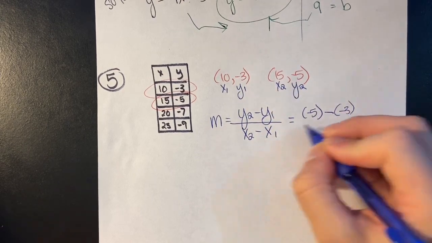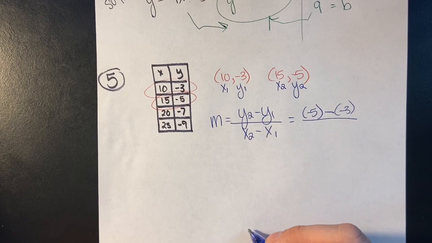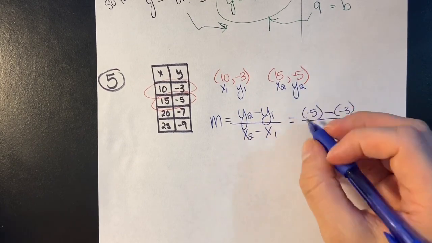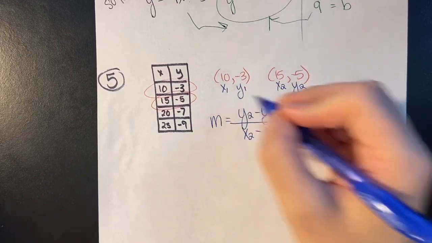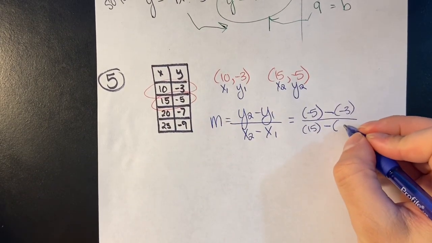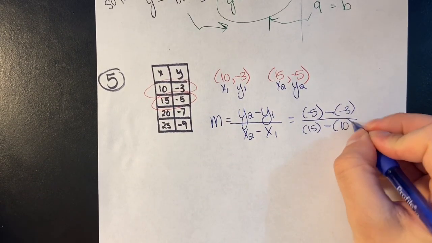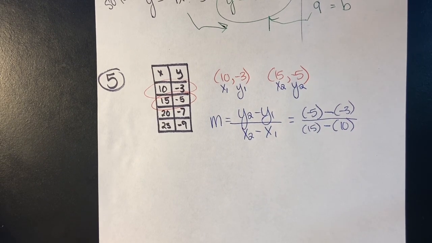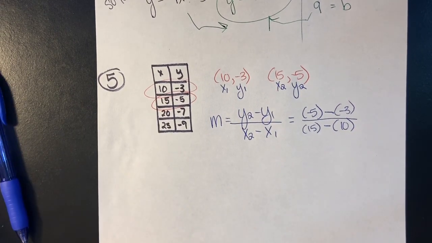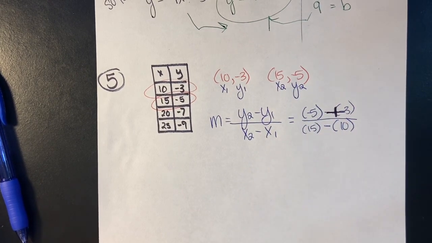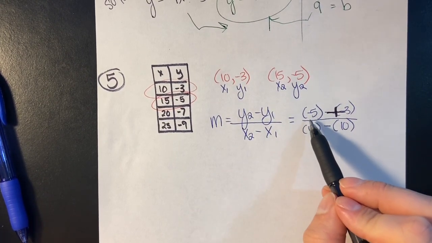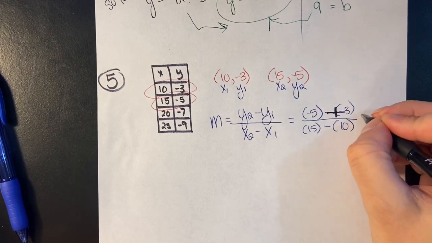So there's a double negative I'm going to have to deal with. I called x sub 2 15 minus, I called x sub 1 10. My double negative. Negative 5 plus 3 is negative 2.